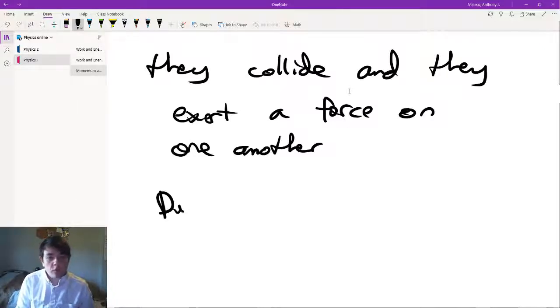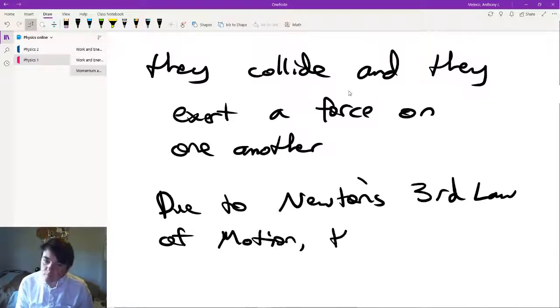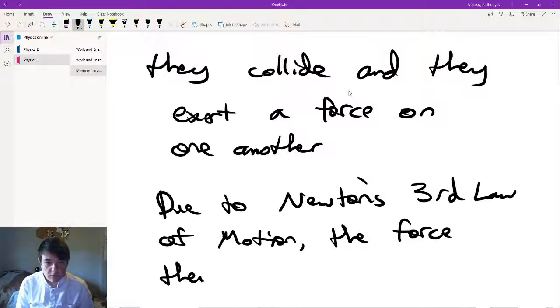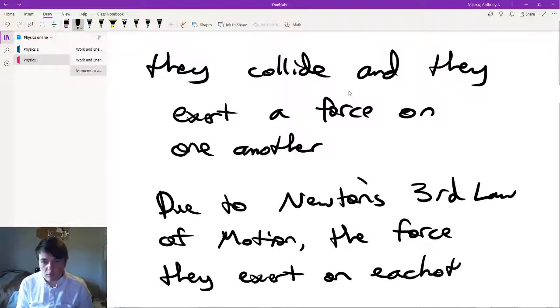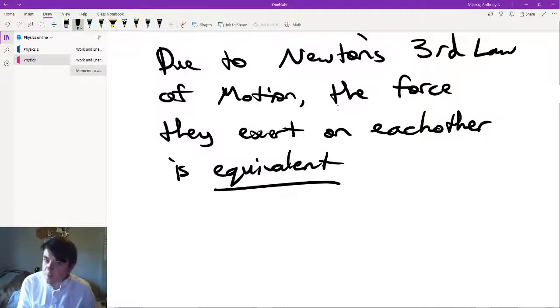So due to Newton's third law of motion, the force they exert on each other is equivalent. Different directions, but mathematically equivalent.